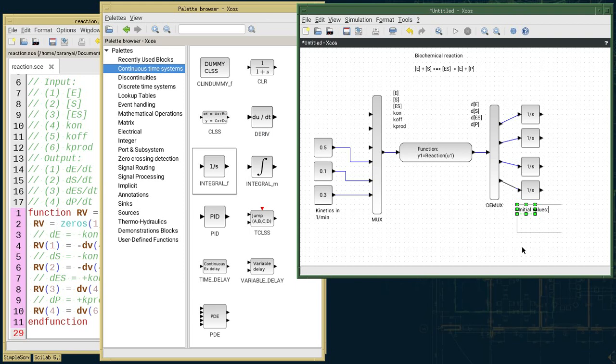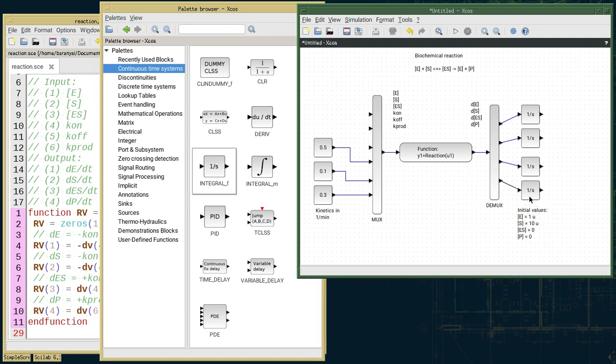Please always make comments to understand later what you are doing. So the enzyme will be 1 unit, the substrate will be 10 units, the enzyme substrate is 0, and of course product is 0 because at the beginning we have no product. We do it all to have product later. So we design it to have production.